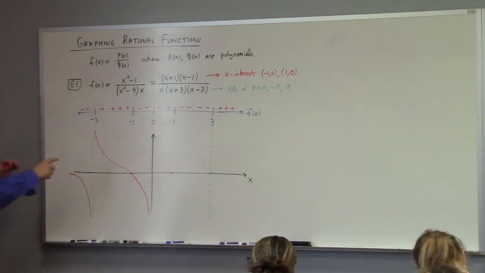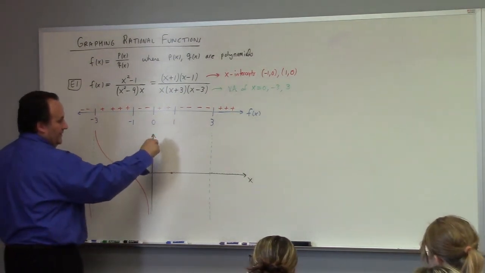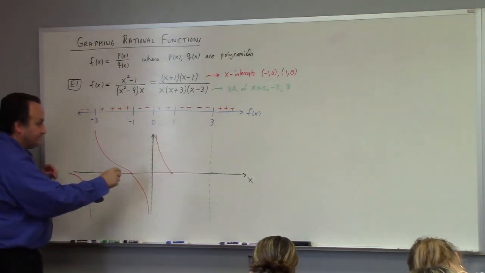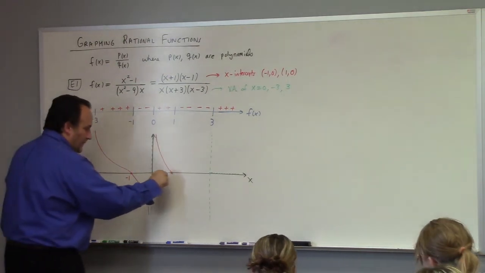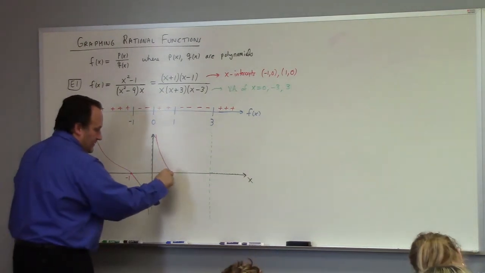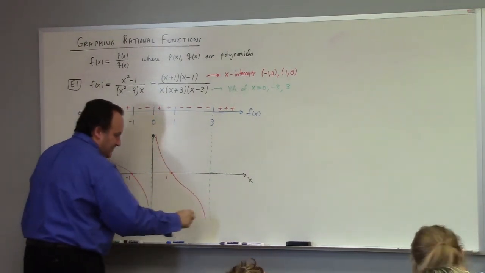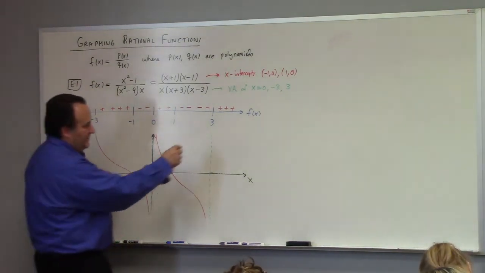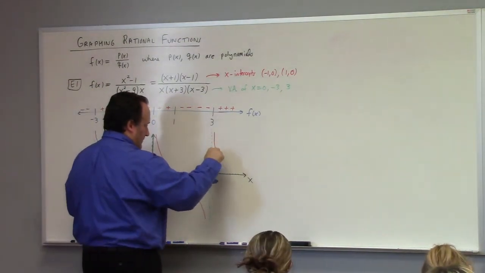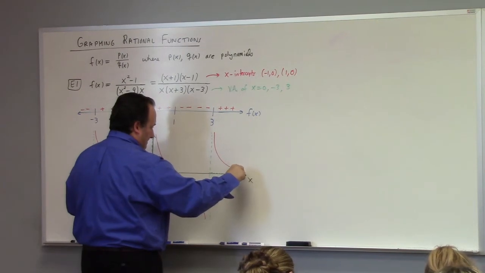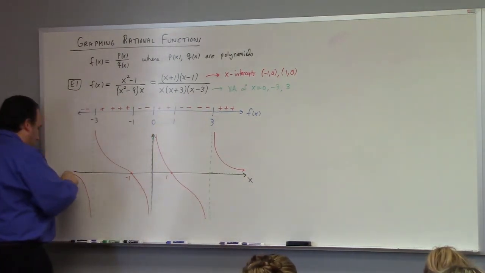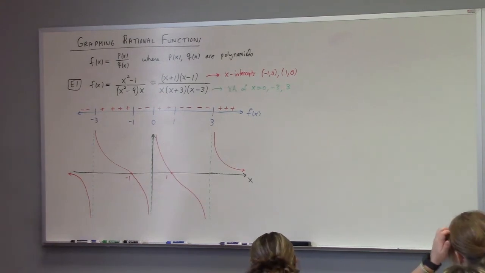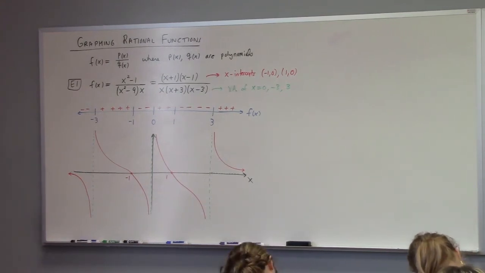Then it's positive on the other side of 0, and it crosses that x-intercept there, right? And then we go down. We got this vertical asymptote over here like that. And then up here again, because we're positive, and like that. And there you go. That's the graph of y equals x squared minus 1 over x squared minus 9 times x.